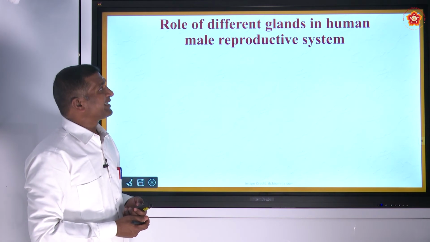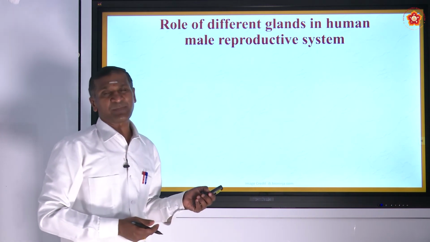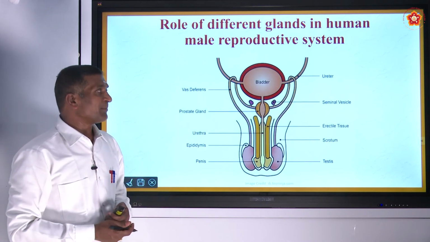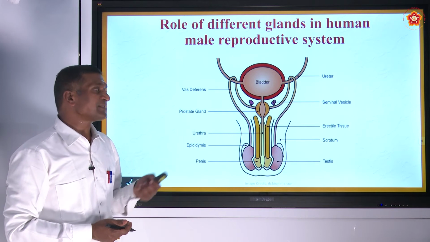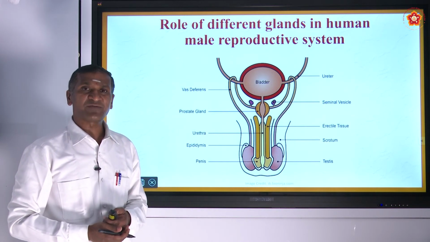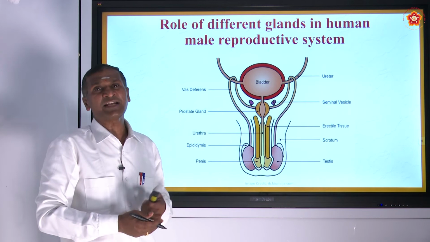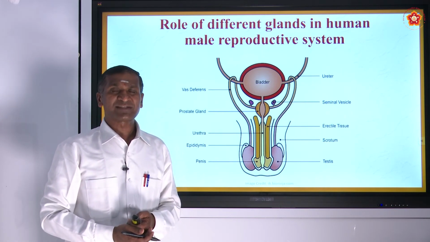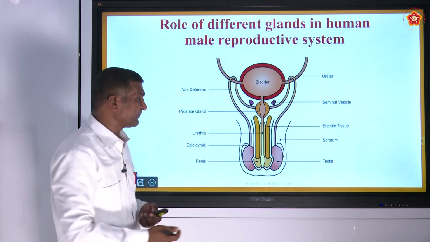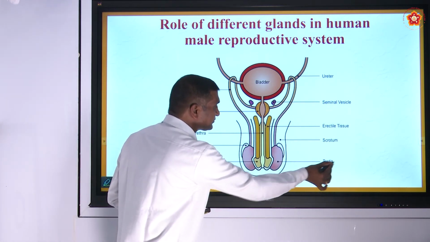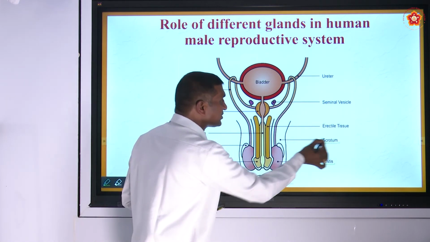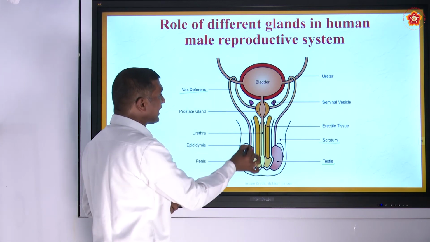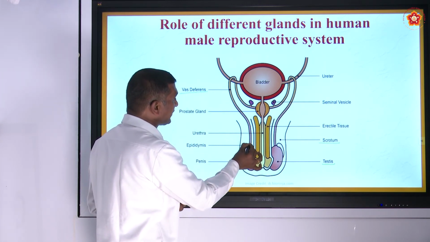Role of different glands in the human male reproductive system. So when you remember this diagrammatic view of the human male reproductive system, it also simplifies things for your better understanding. The testes, which are covered with the scrotum, produce sperms which are carried through the vas deferens.